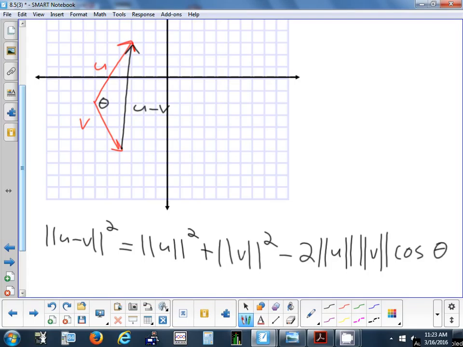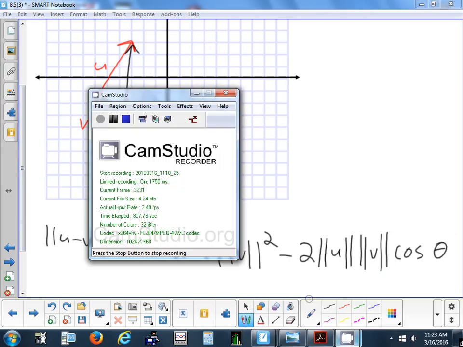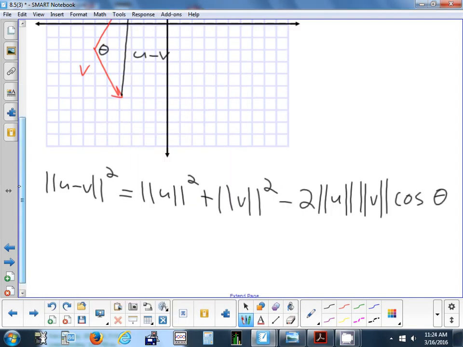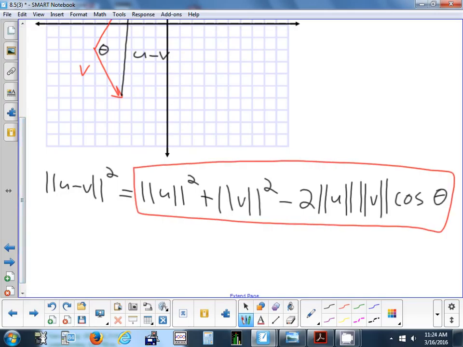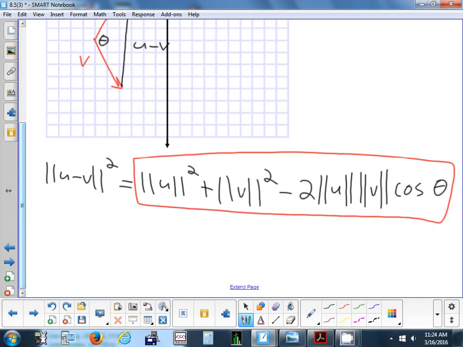Okay, any questions on that? All right, so now we're going to figure out basically two different formulas, okay, and we're going to set them equal. So for now, I'm just going to put a box around that, and we're going to come back to that later. Okay, I'm going to take a look at just this left-hand side.